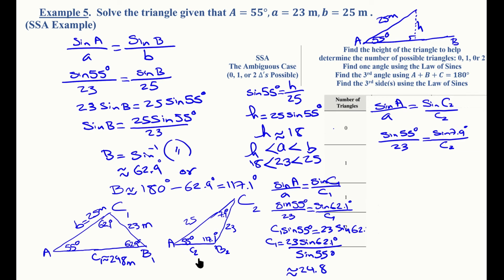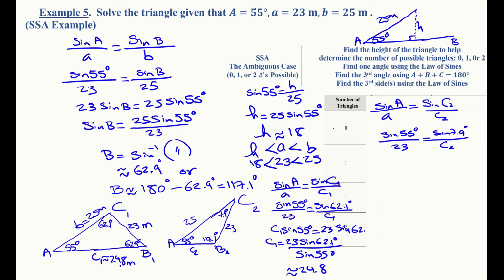Clearly we expect this value to be less than the 24.8 we found. Make sure that decimal is there. I didn't write clearly, but that's 24.8 meters. We expect C2 to be less than that. So if that doesn't turn out, that means we made a calculation error somewhere.